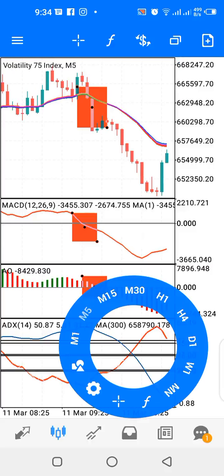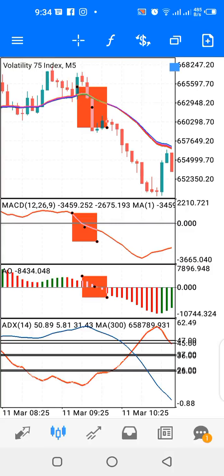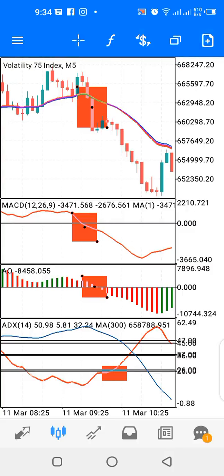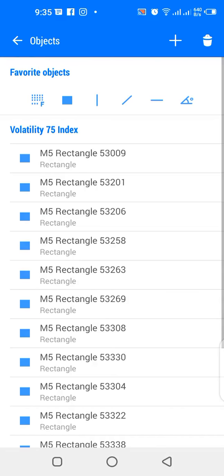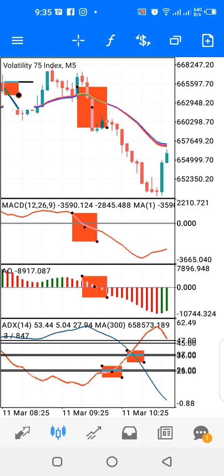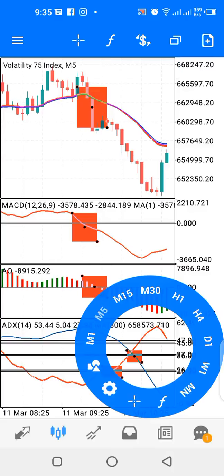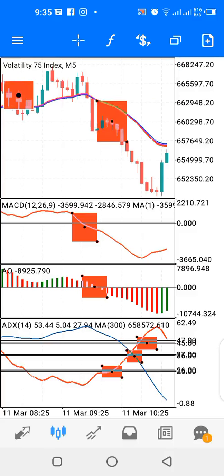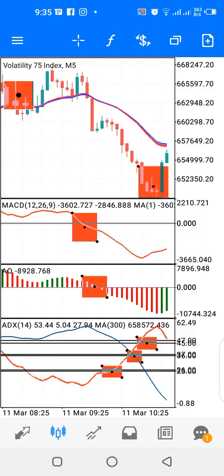Now for indicator window 3, it only tells you when to start to buy or sell. Start to sell when the red line crosses above the 25, 26 like you have around here. As long as it continues to cross above the 35, 37 and the 45, 47, you continue to sell. You can see what happened, price sold.